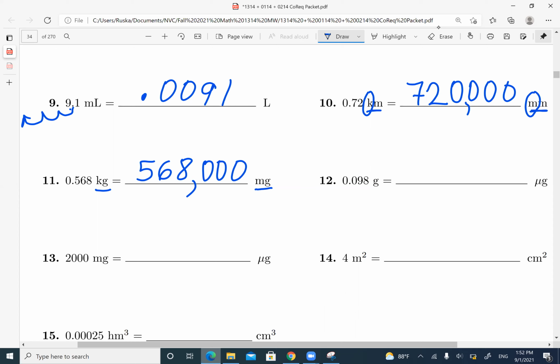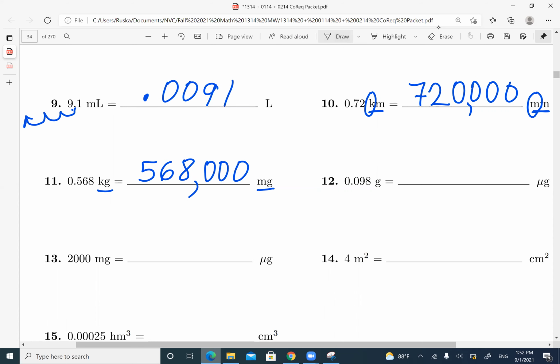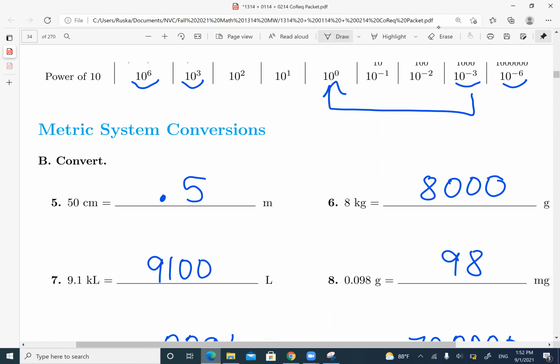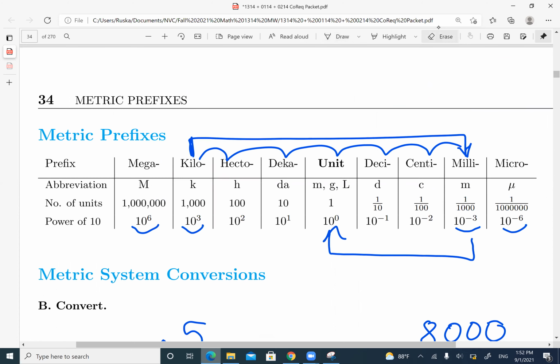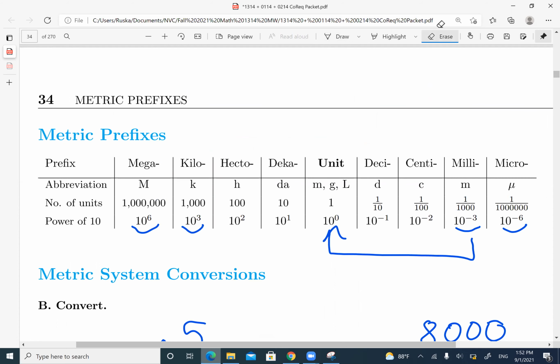Okay. Now the next one is gram to microgram. So microgram was 6 places away from the unit. Let me show you that. You're going to count from gram to microgram. So from the unit, you're going to go to -6. So it's 6 places, because from milli to micro there are 3 places, and here you have 3 more, so it's 6.